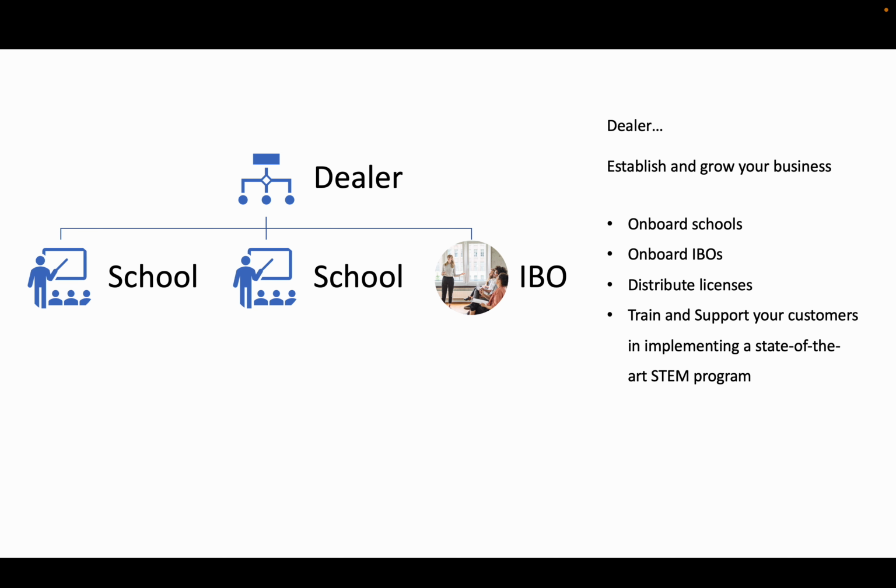So this is how you can grow your business, and your customers, if they are an independent business owner, can build and grow their business, and your school customers can implement a very effective state-of-the-art STEM program.